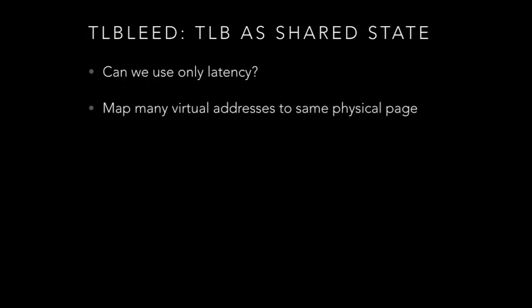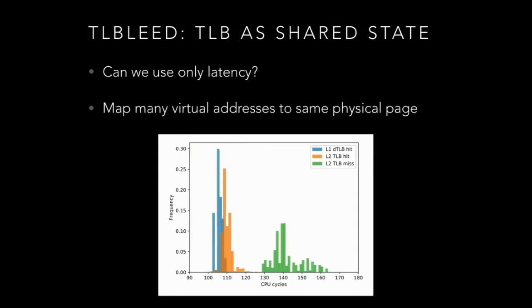So now that we know the structure, we can't use performance counters if we're an attacker, because that's privileged and too slow. So can we tell the difference between accessing L1 and L2, missing L1 and L2, using only latency? It turns out that we can. So here's a histogram of L1 hits in blue, L1 misses and L2 hits in orange, and L2 misses in green. So you can see there's a big difference there.